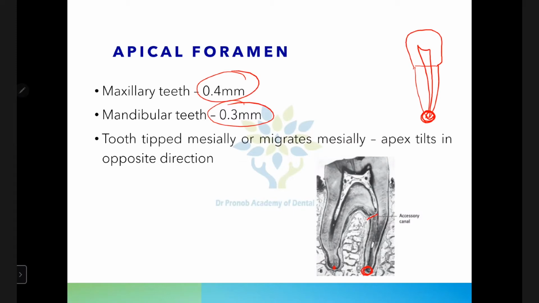Okay, so the apical foramen shape will differ based on the functional influences on the teeth. That means if the tooth is continuously exposed to pressure in a horizontal direction, or if the tooth is tipping mesially, the apex of the tooth will tilt in the opposite direction.